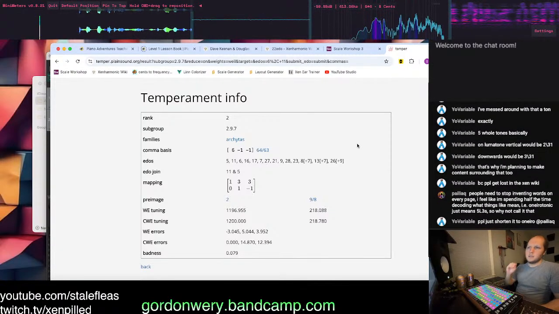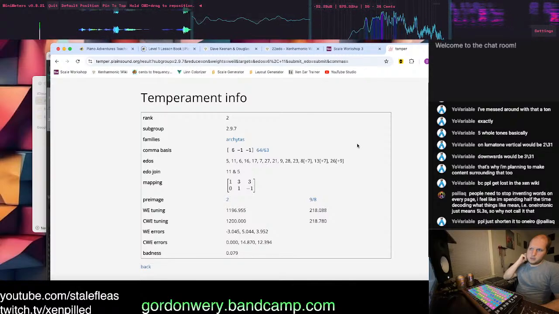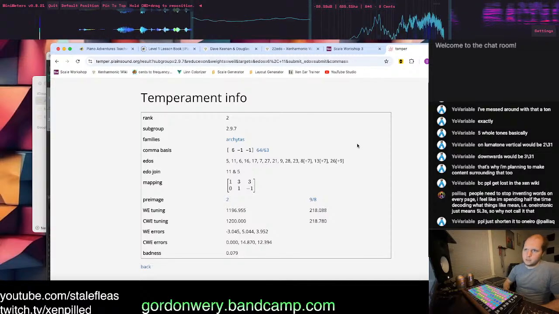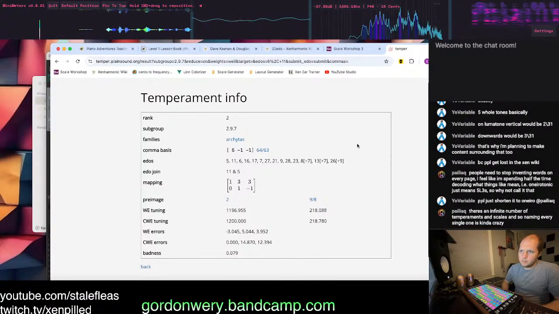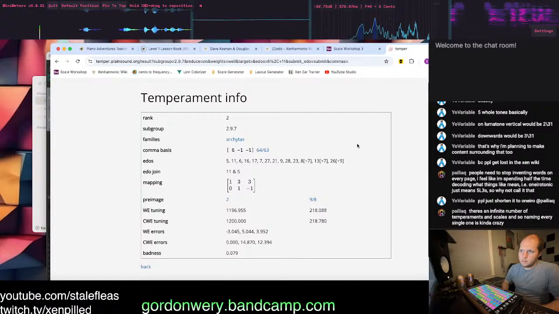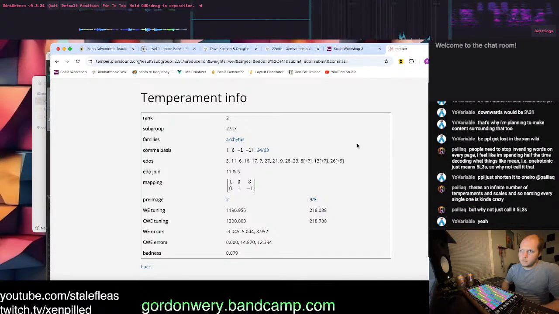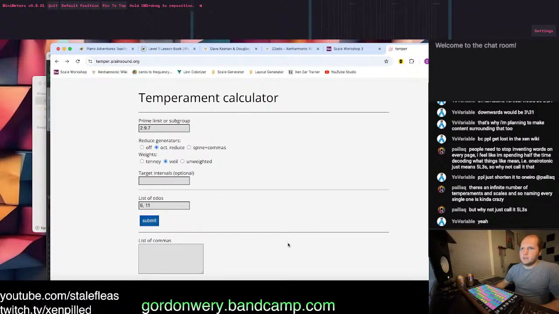In dual fifth systems, if you stack your sharp fifth and your flat fifth, you get your 9/8 in that system. But if you just do it this way, it's going to assume you're sticking to one consistent fifth. So stuff like 11 and 6 might not work as well. Interesting. So it's better to see relationships between more similar EDOs, I guess.